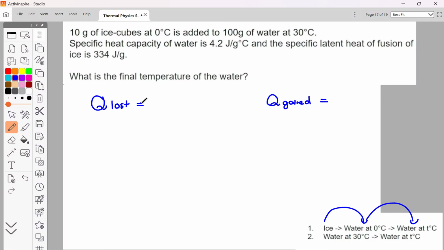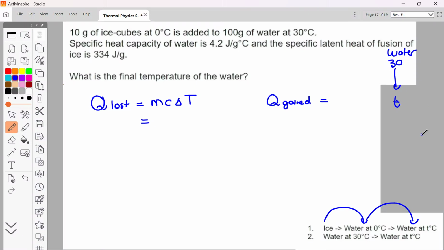So Q lost and Q gained. The lost is going to be of the water. So the water goes from 30 degrees Celsius, so it starts at 30 and it goes to the new temperature. So that would mean we're going to use MC delta T for the water. So it's going from 30 down to the new T. This is for the water.